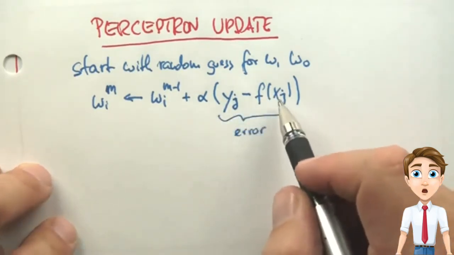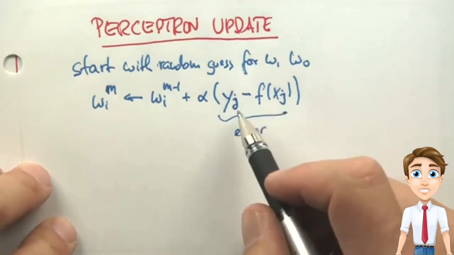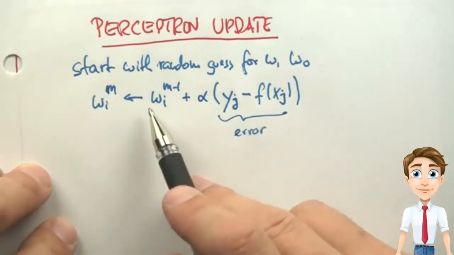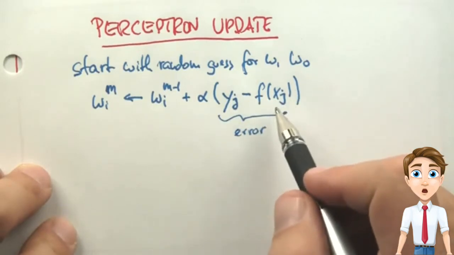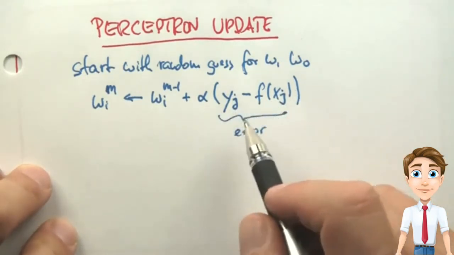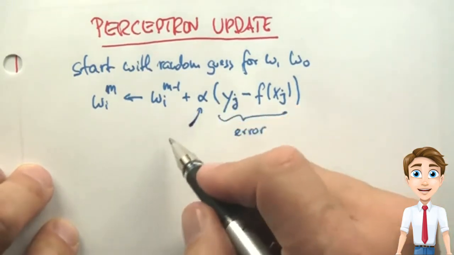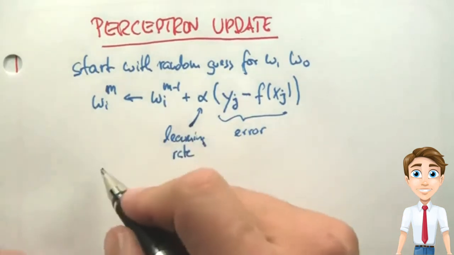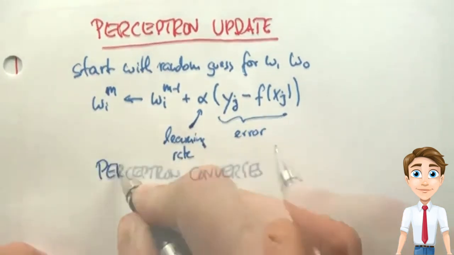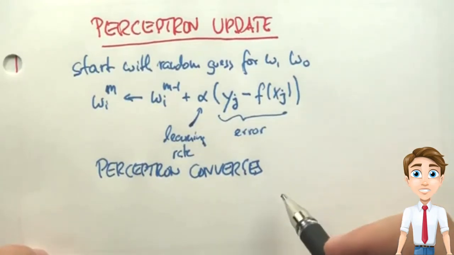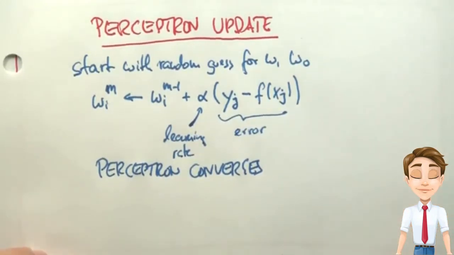If the prediction of our function f equals our target label, then the error is 0 and no update occurs. If there is a difference, however, we update in a way so as to minimize the error. Alpha is a small learning weight. And once again, perceptron converges to a correct linear separator if such a linear separator exists.